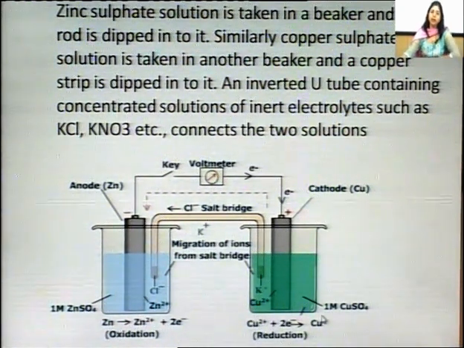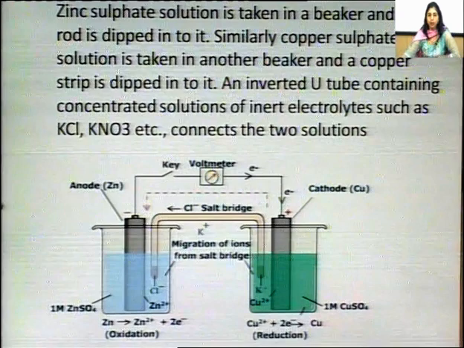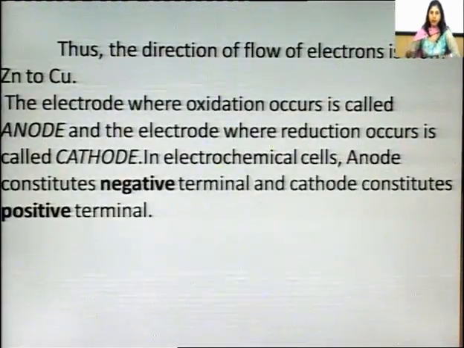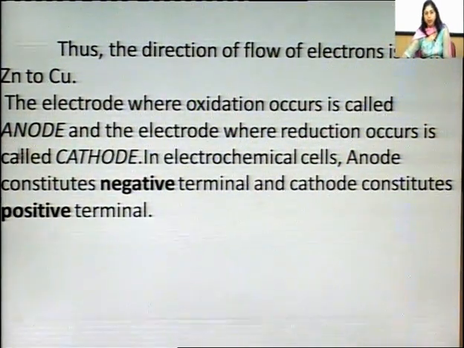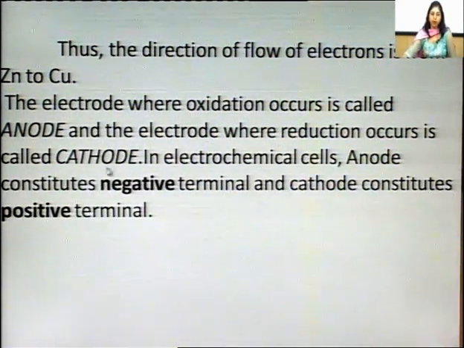Now, what will be the direction of current? As you already know, current flows in the reverse direction, so the direction of conventional current is from the right hand side beaker to the left hand side. The electrode where oxidation occurs is called anode, and the electrode where reduction occurs is called cathode.